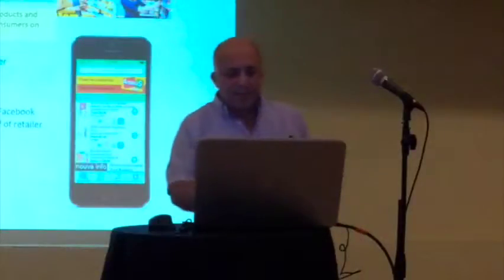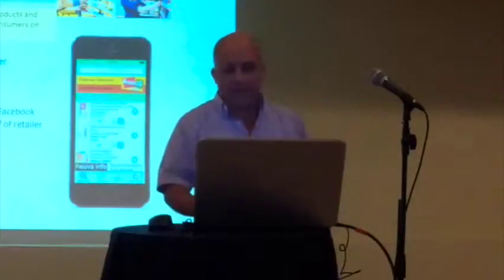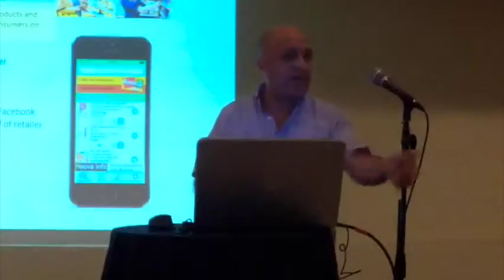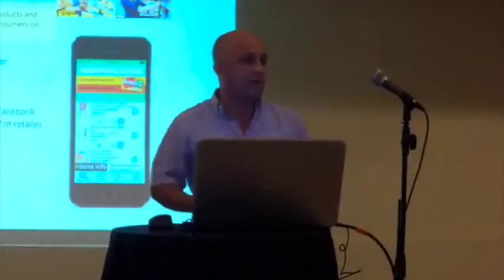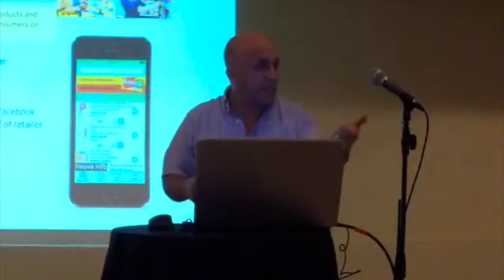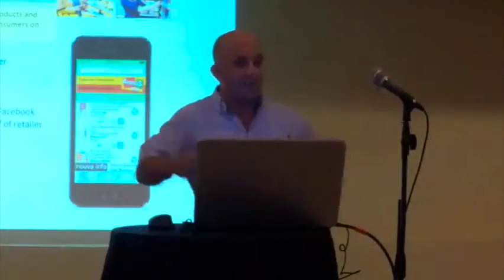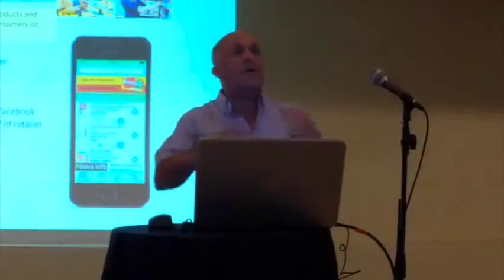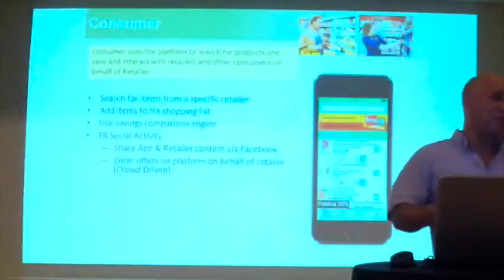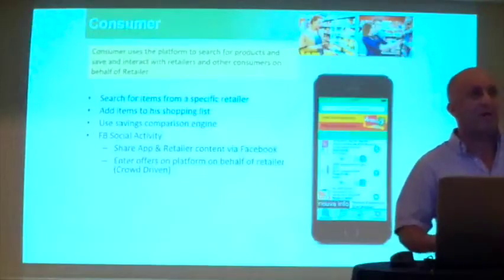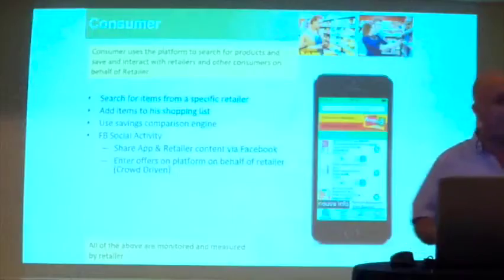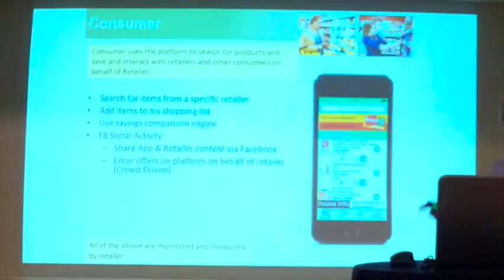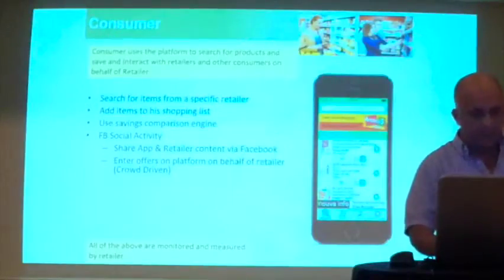On top of that, the consumer can take their phone, take a picture, and upload an offer. So he's browsing around a store and sees something of interest. He can take a picture of it, and we want to use crowd power to have thousands of people uploading content on behalf of the retailer, again creating more value. Remember, all of this is being watched by the retailer.